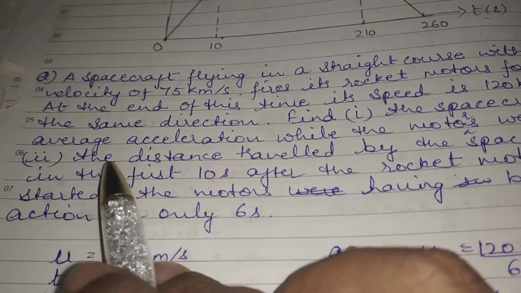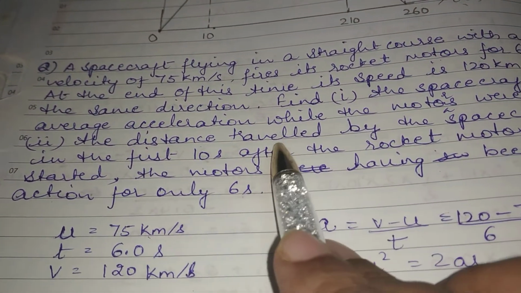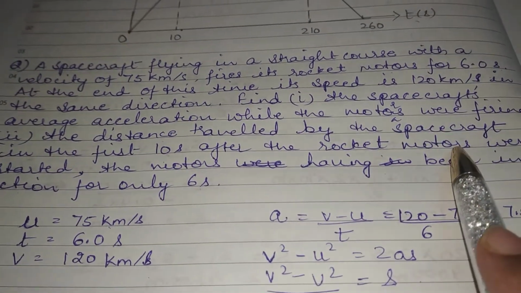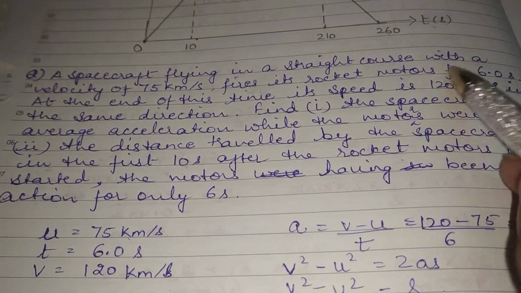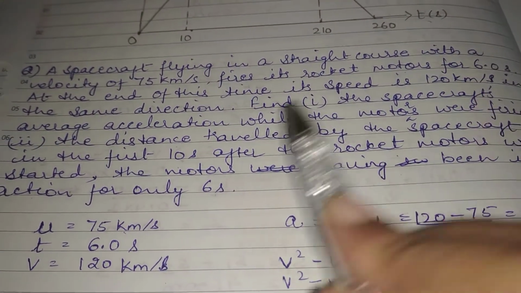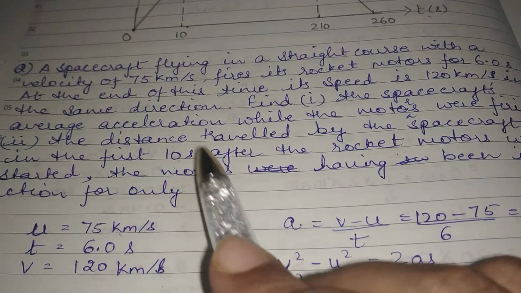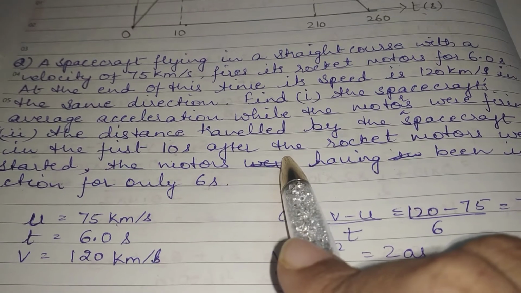Now comes the next question. The next question is that you have to calculate the distance traveled by the spacecraft in the first 10 seconds. Now rocket motors were firing till 6 seconds, and in the next 4 seconds the rocket motors were not working.